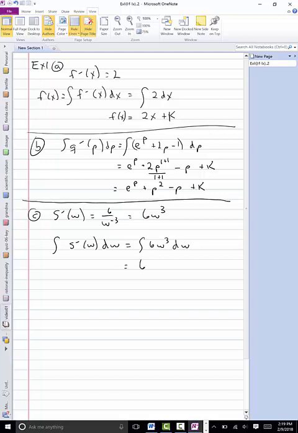So coefficient is always there. Add 1 to the exponent, divide by that new number. Simplify a little bit if you can. And there is that answer. So let's try a couple more.